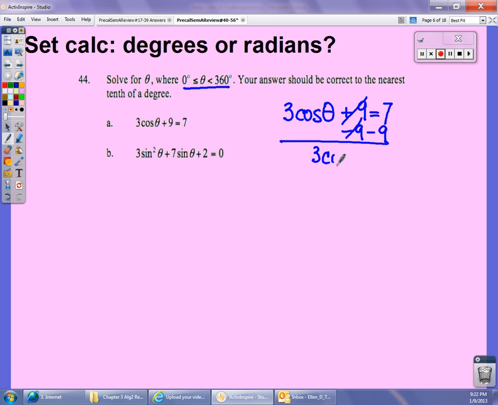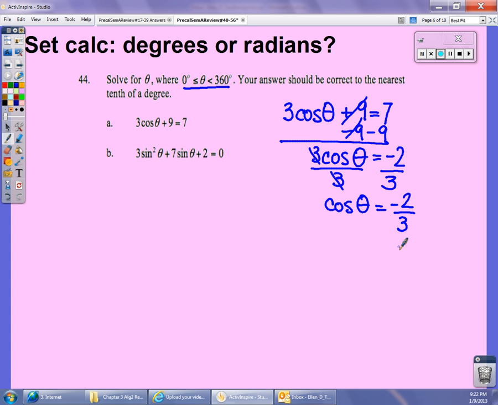3 cosine theta equals 7 minus 9, or negative 2. Divide both sides by 3. Cosine theta equals negative 2/3.